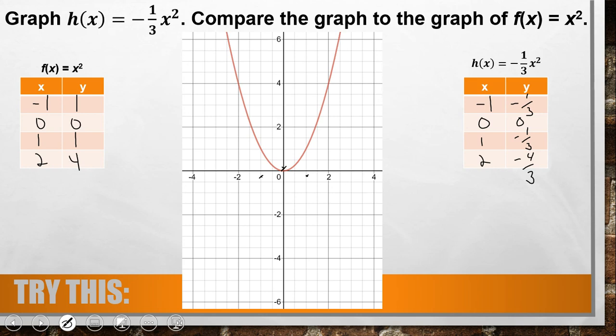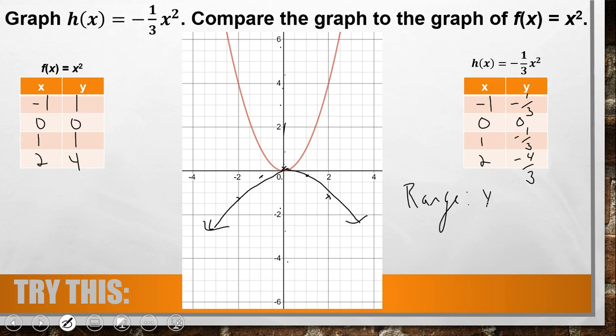So let's take a look and graph this. Now I know it's symmetric, so I can make points on either side also. A couple things I can see here. Again, it's the same vertex and the same axis of symmetry. Your range is going to be different.